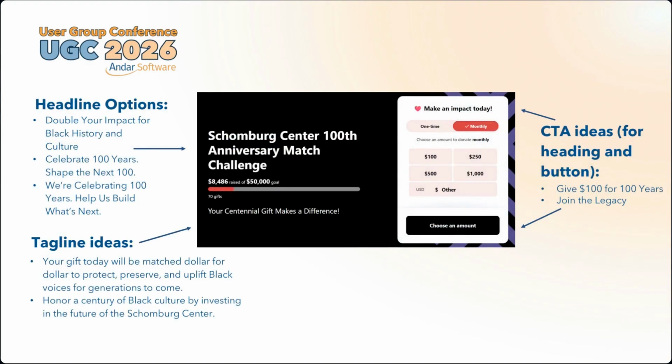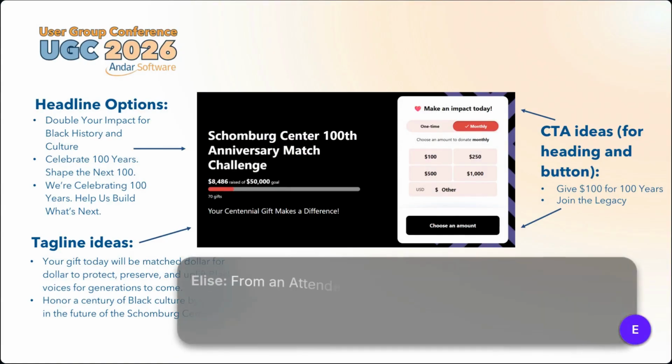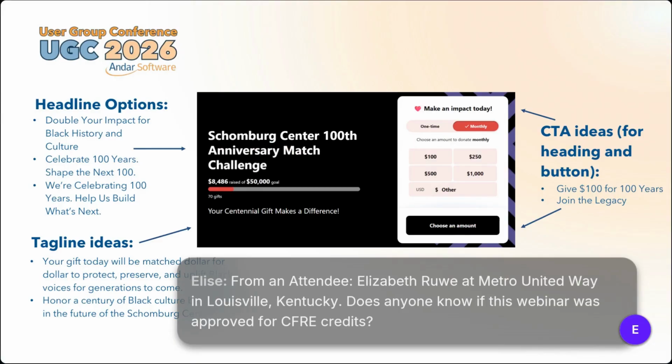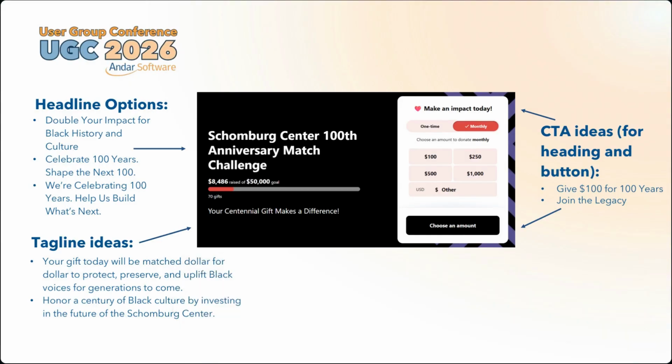So I'm going to show you an example of what we looked at. This is from their donation page. I mentioned, this particular page was converting at 3%, and we identified that as a leak, so to speak. We really wanted to get that up.